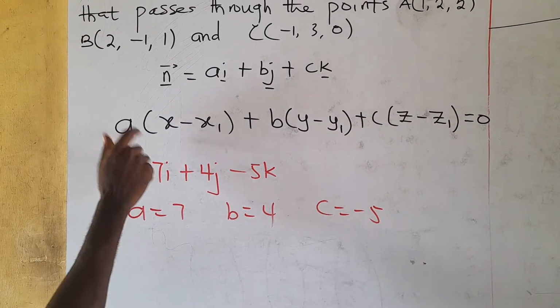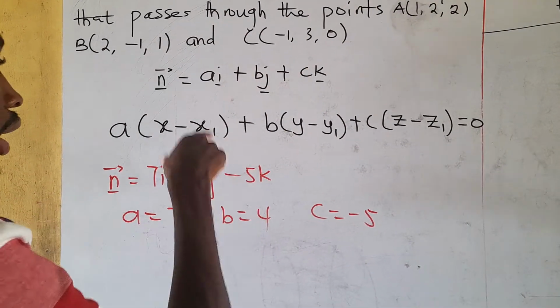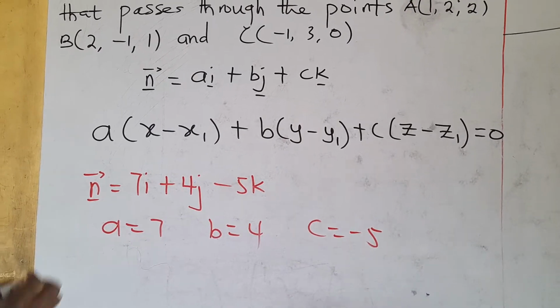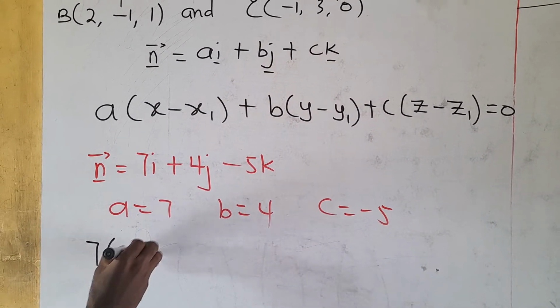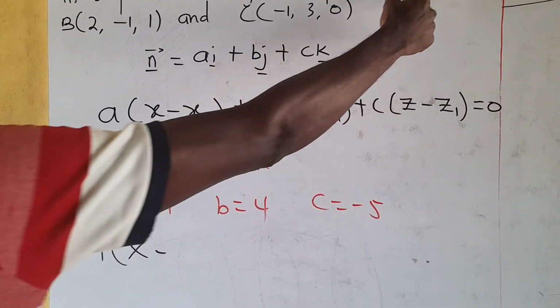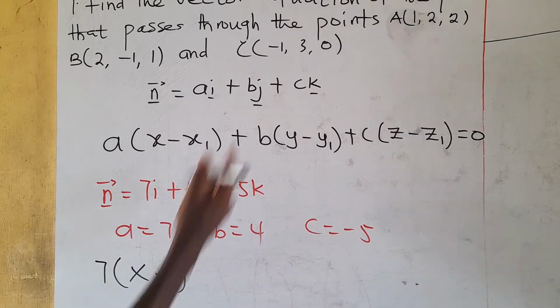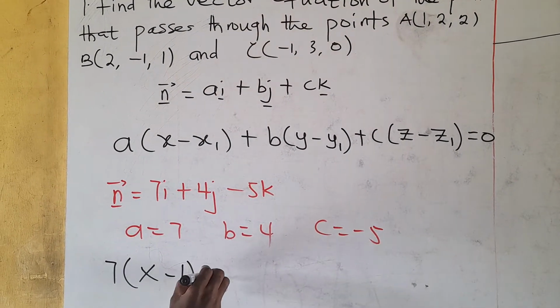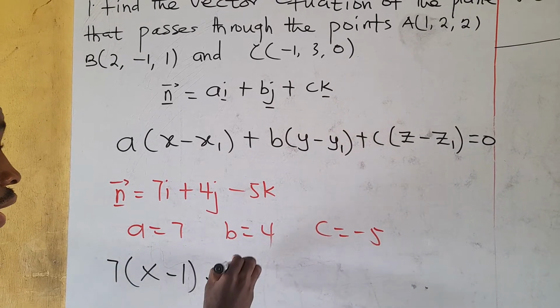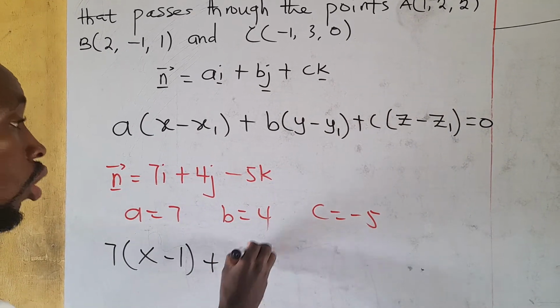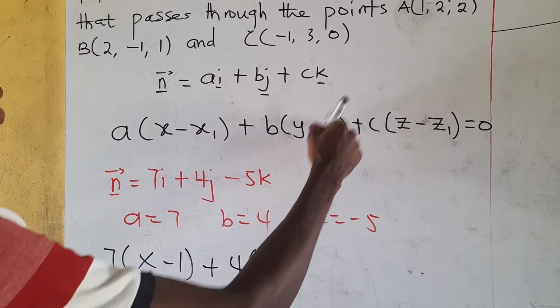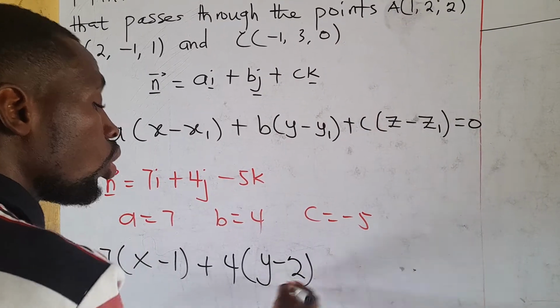So our A is 7, B is 4, and C is equal to -5. Then the vector equation of this plane that passes through the 3 points will be 7 bracket x minus x1, which is 1, so minus 1. You can use any of the points. Plus b, which is 4, y minus y1, so that will be 2.